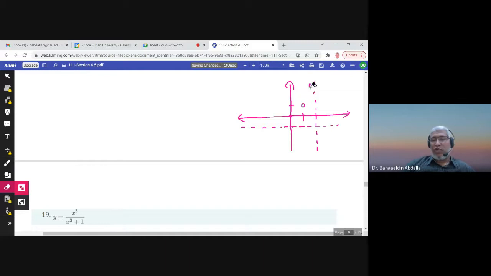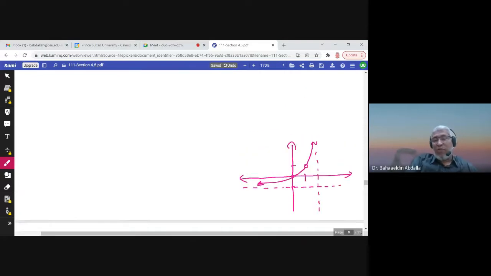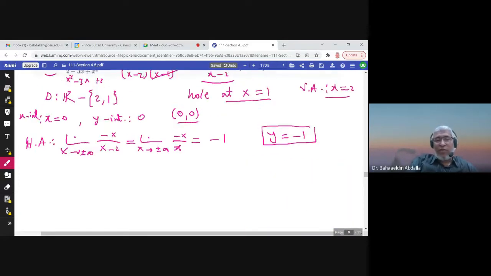It should approach the asymptote, it should pass by the hole, and it approaches also the horizontal asymptote. So this would be the graph of this function. Only the circle is not really filled, and it should be like this. This is the graph of the function up to now, putting all of this information that I have.